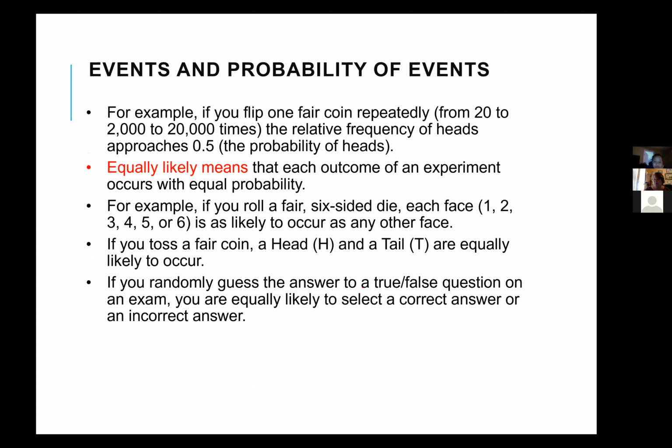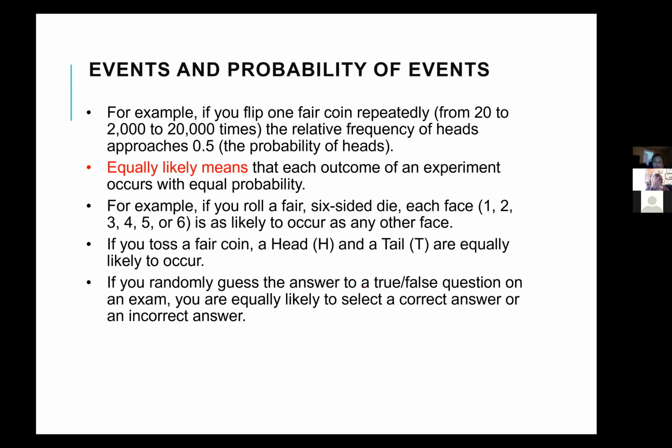Okay, events and the probability of events. For example, if you flip one fair coin repeatedly, from 20 to 2,000 to 20,000 times, the relative frequency of heads approaches a half.